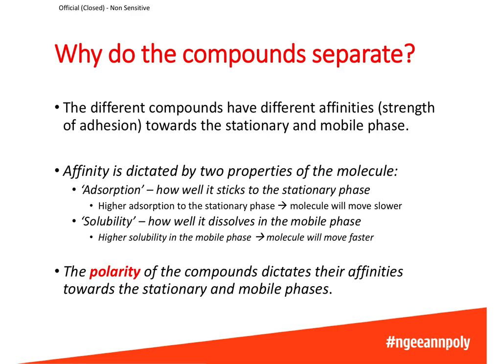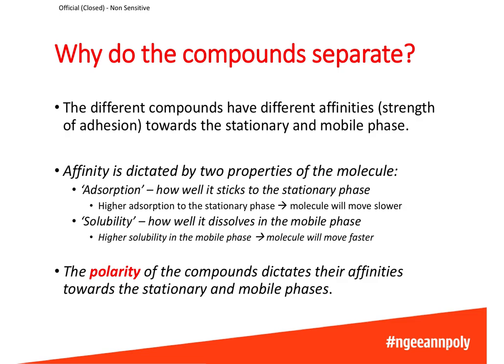So what causes the compounds to separate in chromatography? The different compounds would have different affinities or strength of adhesion towards the stationary phase and the mobile phase. Affinity is, in turn, dictated by two properties of the molecule. Firstly, adsorption is how well this molecule can stick to the stationary phase.